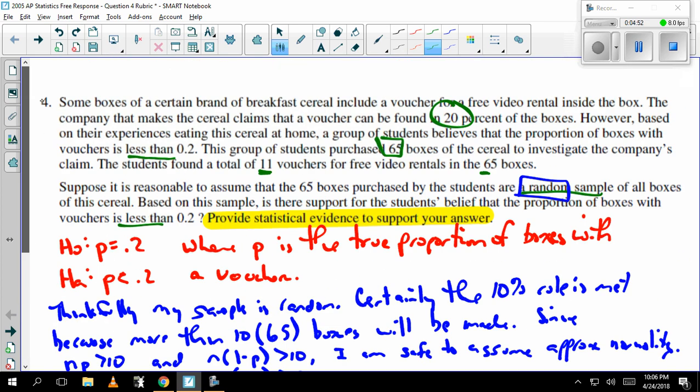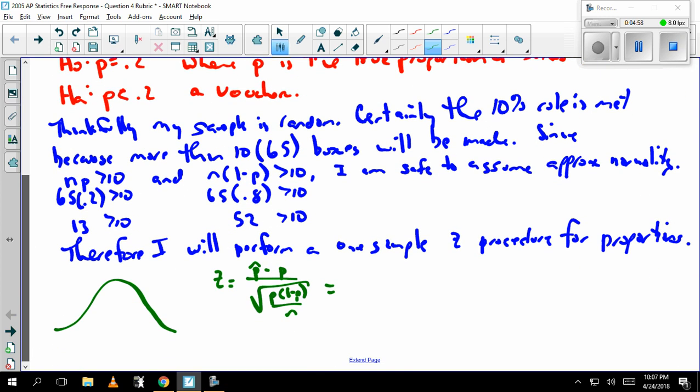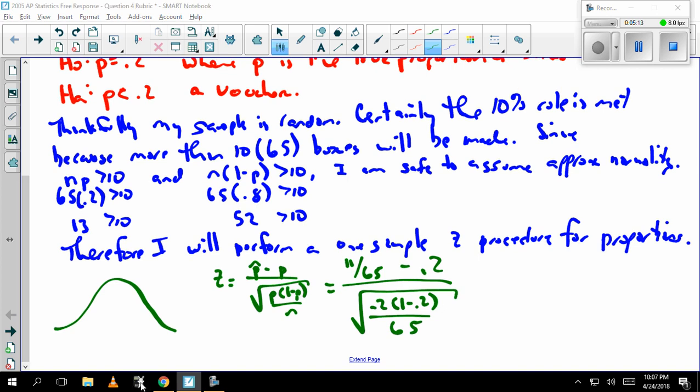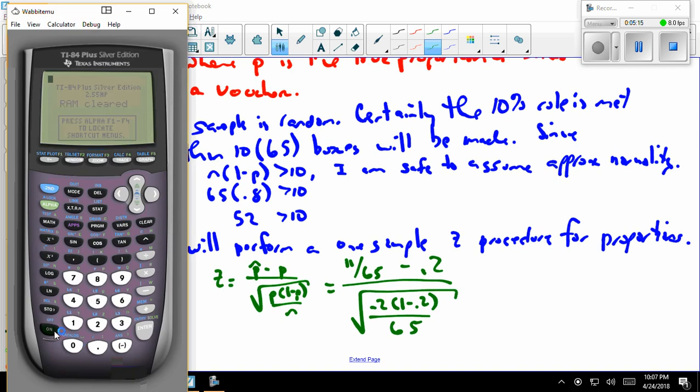So p hat was 11 out of 65. So this is 11 out of 65 minus 0.2 divided by the square root of 0.2 times 1 minus 0.2 over 65.